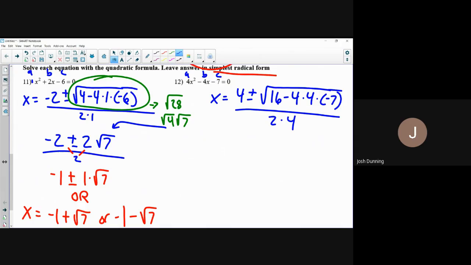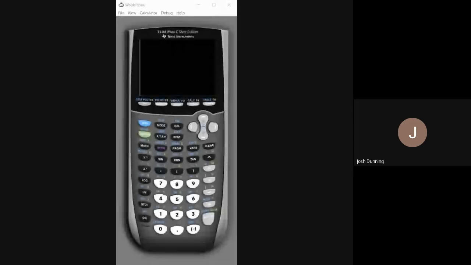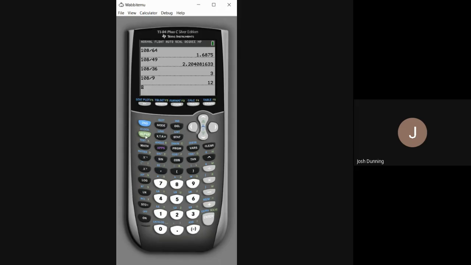And again, like here's what I meant on the last one. You can't type that square root in. I'm switching the calculator here. If I type just the square root, you see, you get a decimal that just goes on.